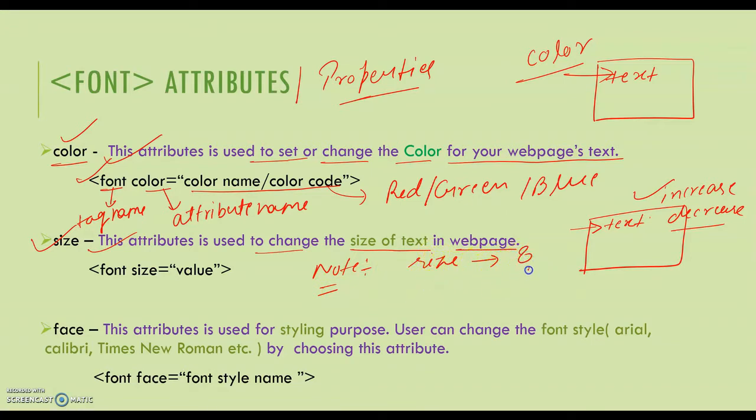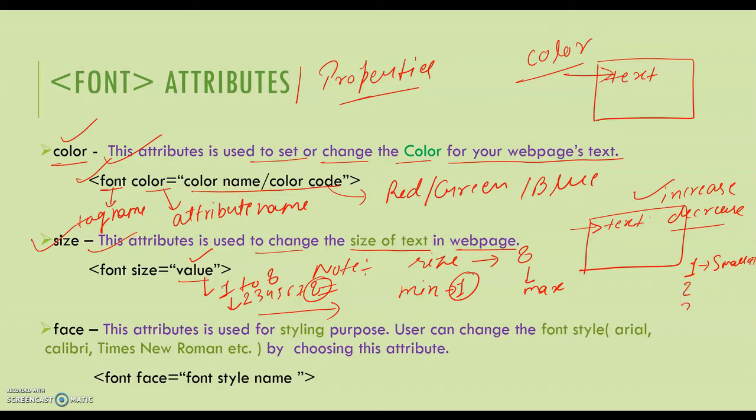The maximum value you can put is 8, and the minimum value is 1. Here you can put a value from 1 to 8. So 1 is the minimum value, after that you can put 2, 3, 4, 5, 6, 7, and 8 is the maximum value. It is in increasing order. Suppose you give the size value as 1, it is the smallest size.